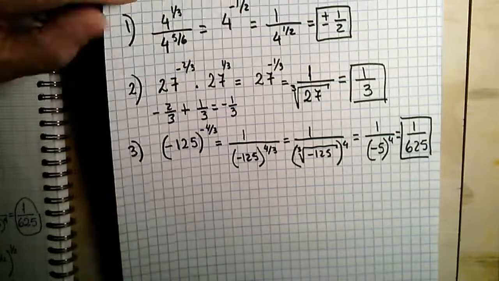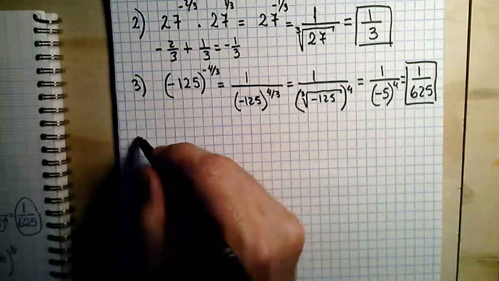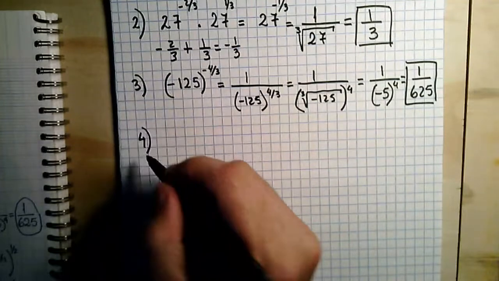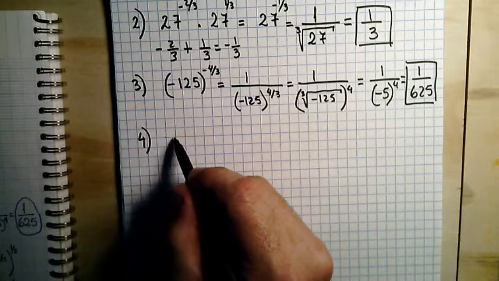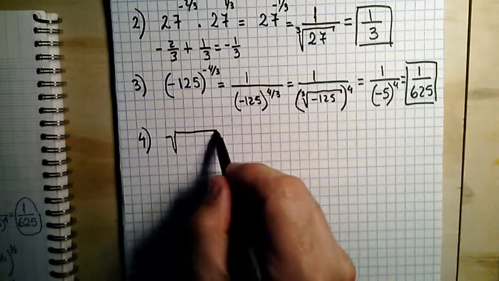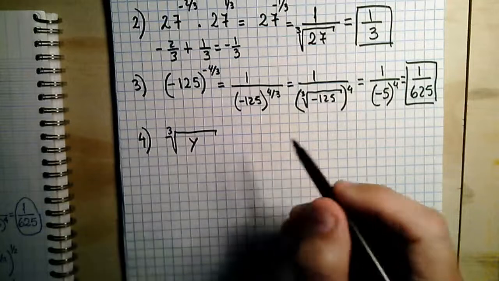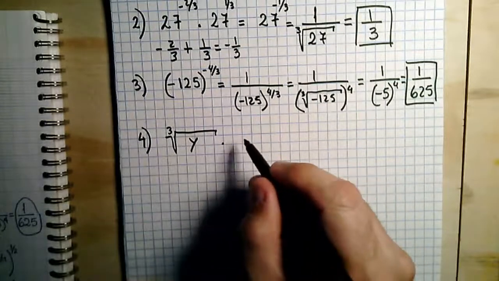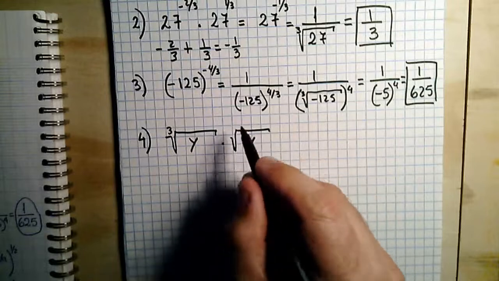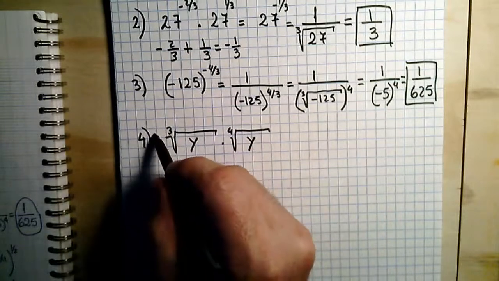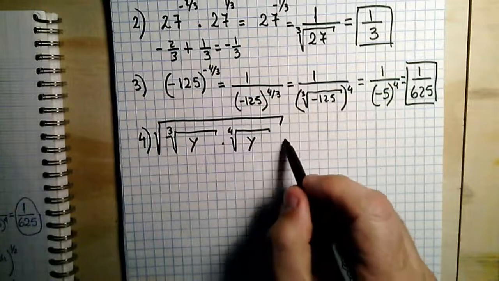Next problem, number 4. I have a radical over y, this is a cubic root, times another radical over y, and this is a fourth root, and a big radical covering everything.